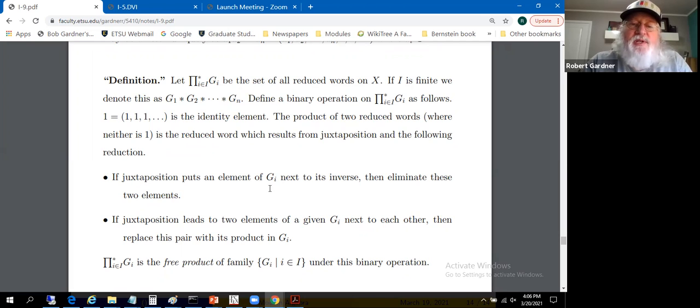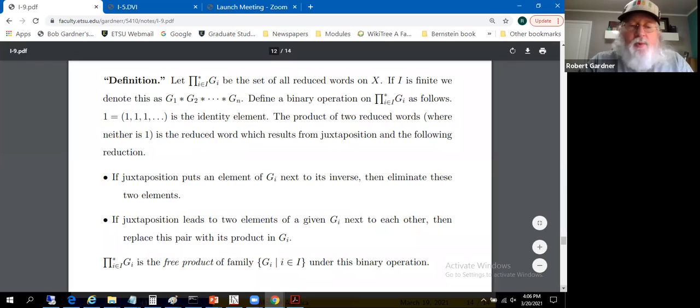If juxtaposition puts an element of G sub I next to its inverse, eliminate those two elements. If juxtaposition leads to two elements of a given G sub I next to each other, replace this pair with its product in that group, G sub I. So simply place one reduced word after the other, and where the right-hand end of the word on the left and the left-hand end of the word on the right meet up, fix it if it needs fixing.